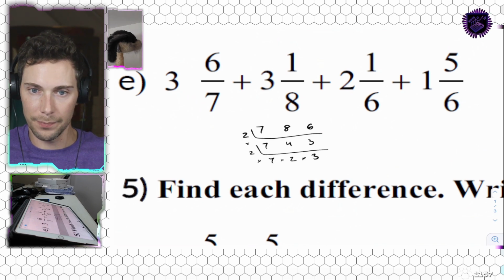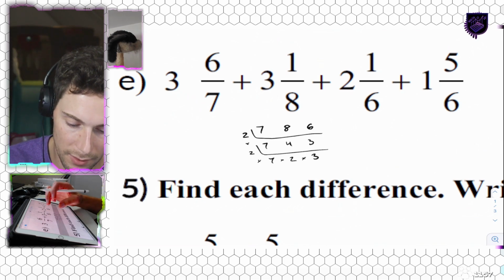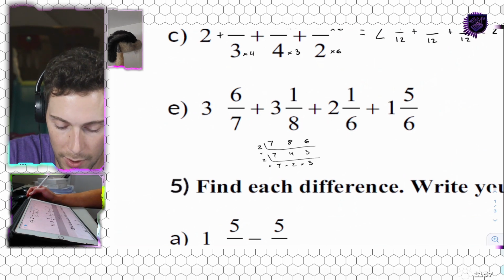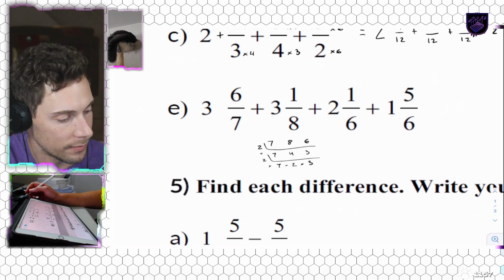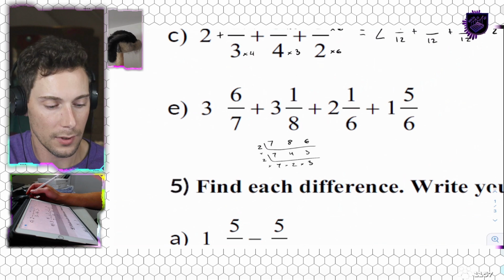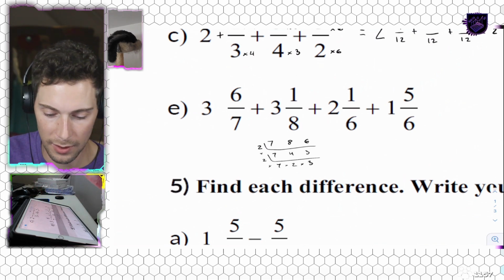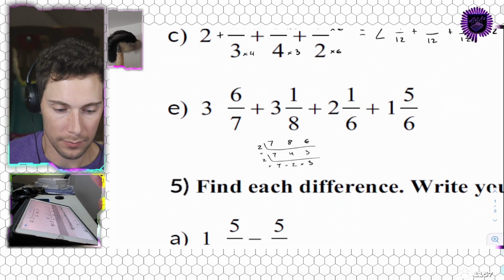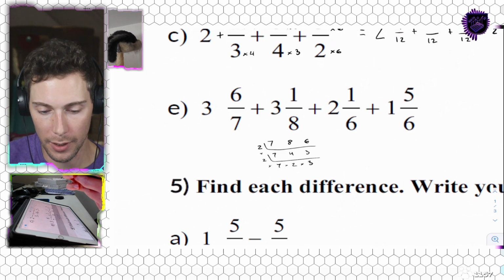I don't want to do 168. All right, well. 168. 7 times what is 168? I don't like this. I want to do this a different way. This is hurting my brain.